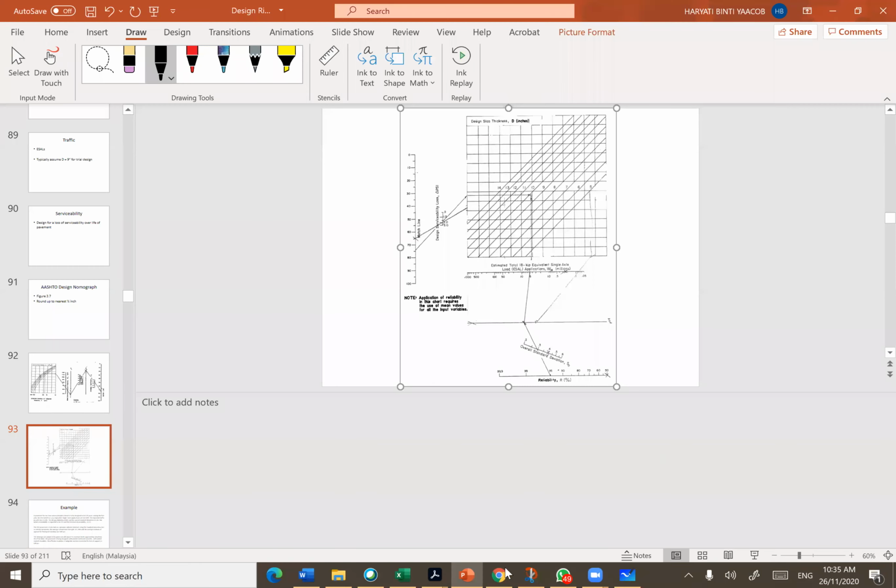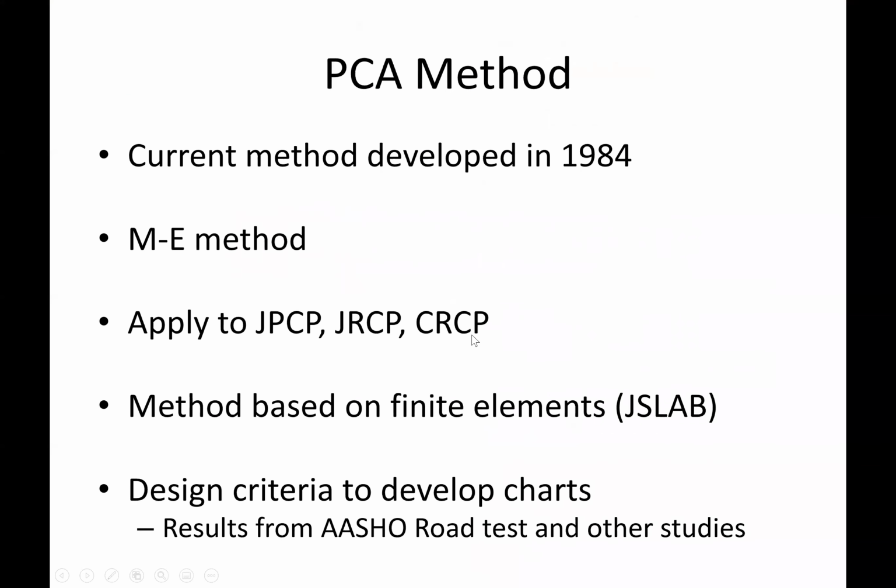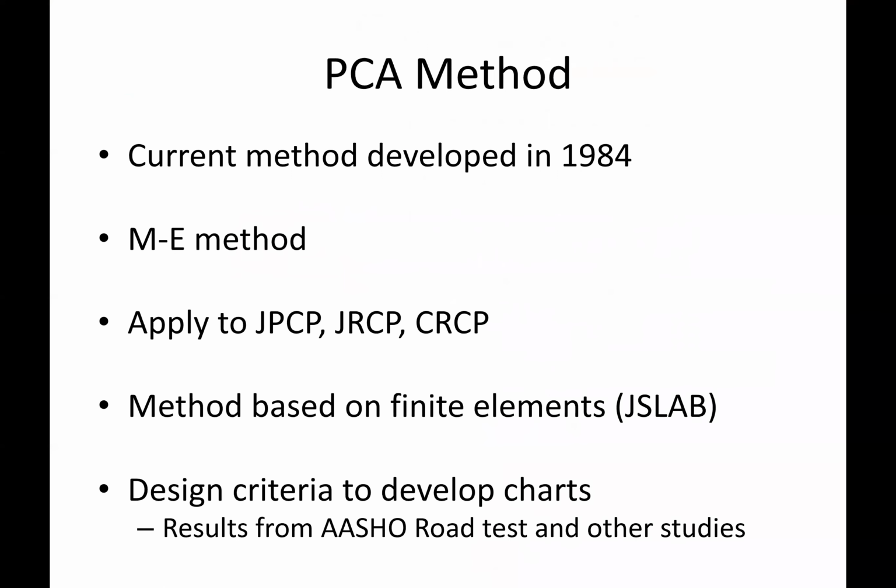Right? We move on to the next method. The next method, which is the final one. We finish on this, which is the PCA method, or we call it the Portland Cement Association method. Okay, so this method is based on mechanistic empirical.